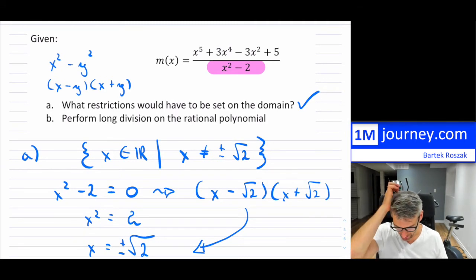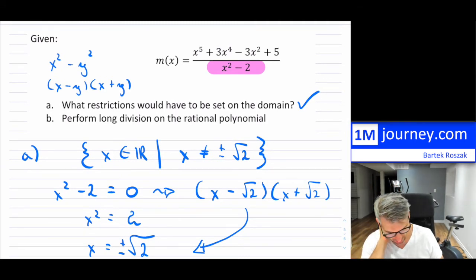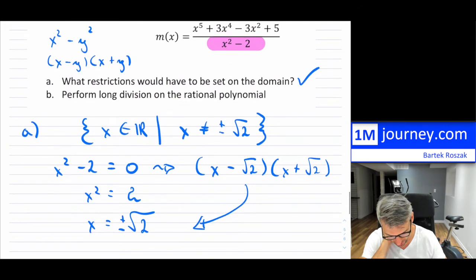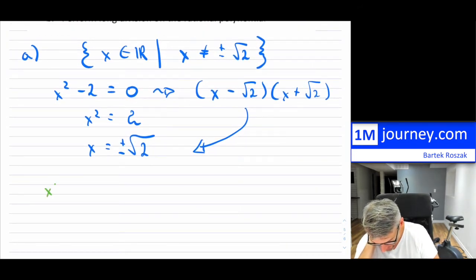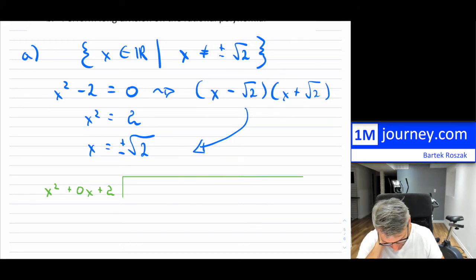Part B, perform long division on the rational polynomial. Okay, long division. Oh my gosh. Okay, so let's do it. For x squared, we have no x term, but I will put 0x plus 2. I always like doing this, I just zero off all the terms that are not there.